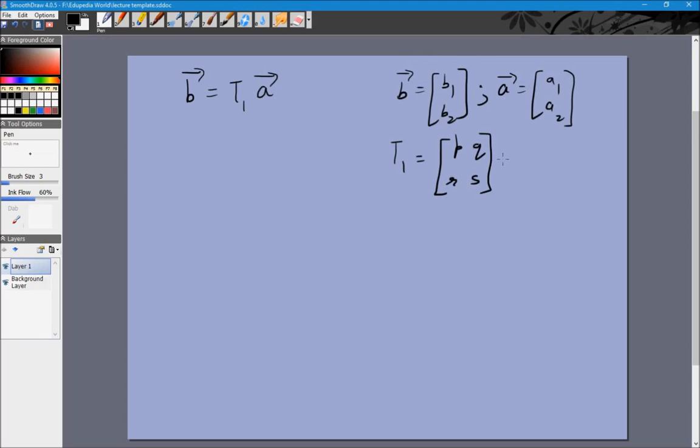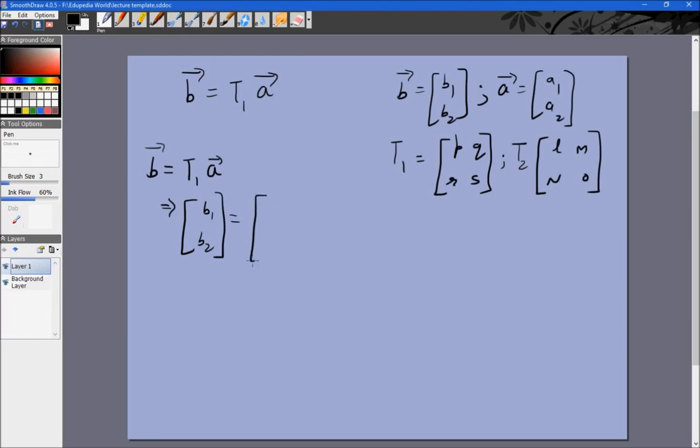Let's take another matrix which would represent another linear transformation, T2. And let's call it LMNO. It has 4 entries, L, M, N, O. Right. Now we can easily write B is equal to T1A, which is what we've written here actually, which can be written as B1, B2 is equal to PQRS times A1, A2.